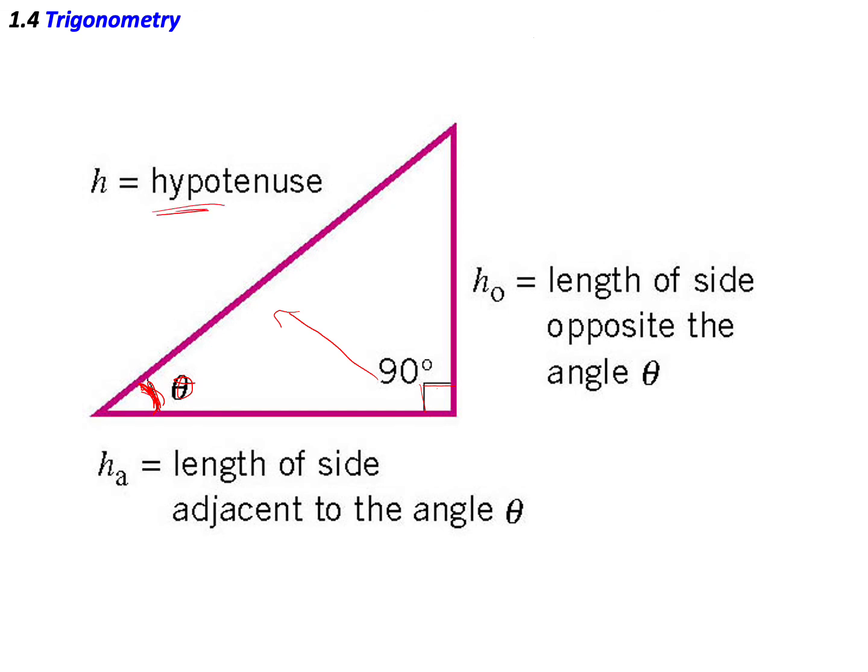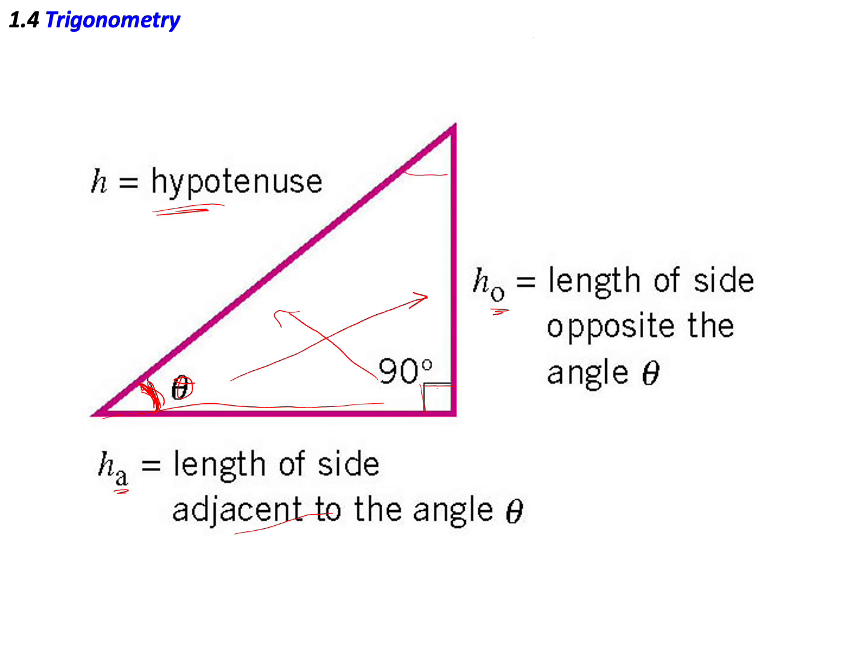The side adjacent to this angle theta we call the adjacent side. Sometimes this side length we use HA for adjacent, and the side opposite to this angle theta, O means opposite, so HO, the length opposite to this angle.